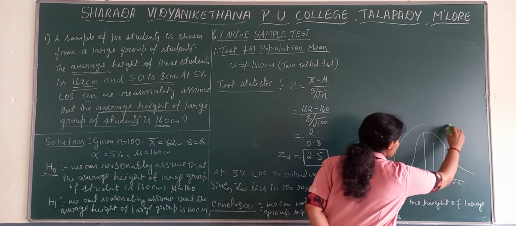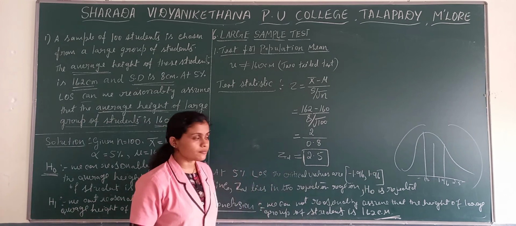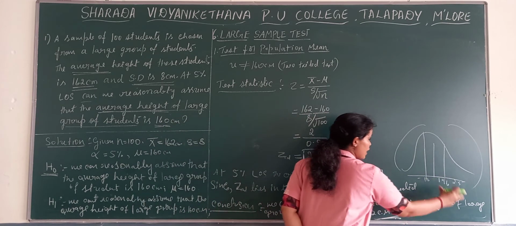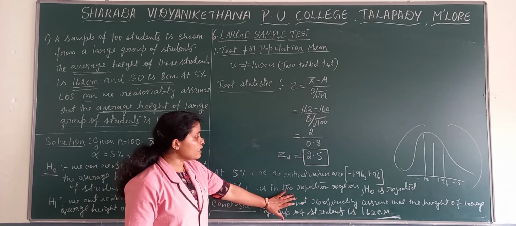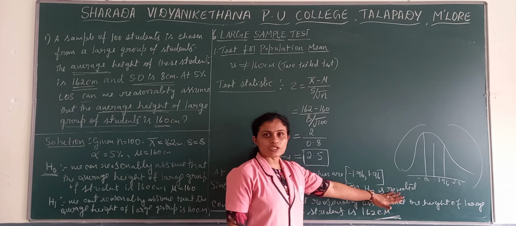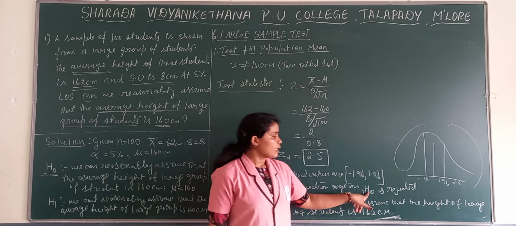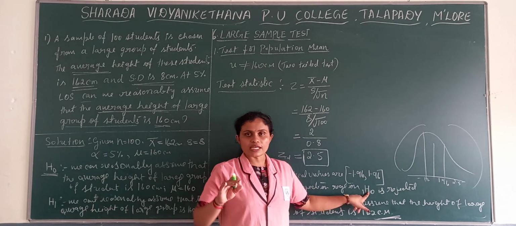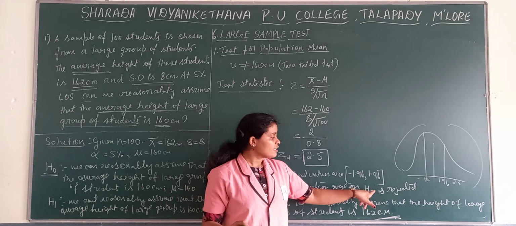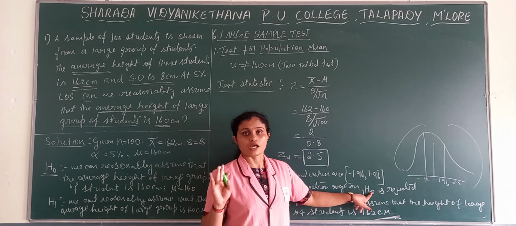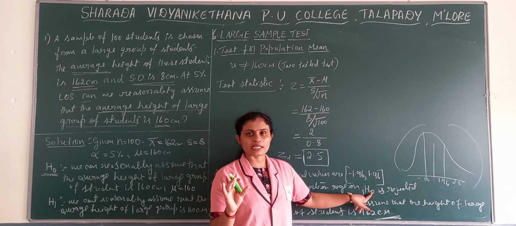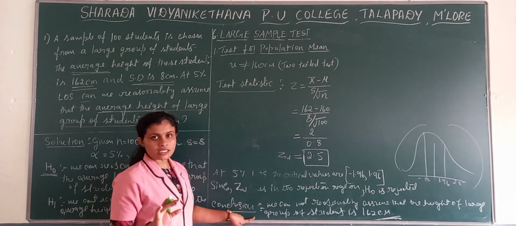This graph is not compulsory; it is for your understanding, you can draw it on the side. If it falls within the acceptance region, accept the null hypothesis. If it doesn't, reject the null hypothesis.